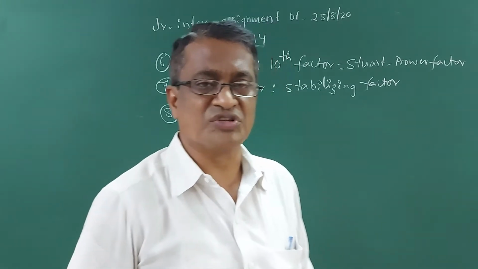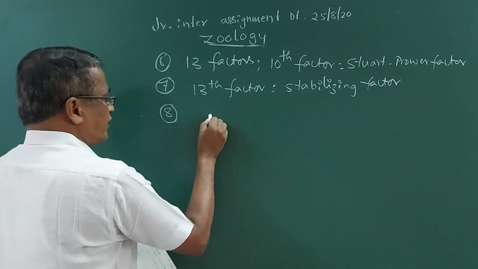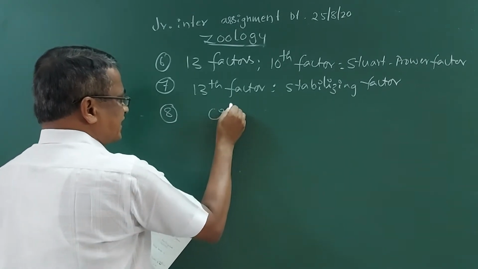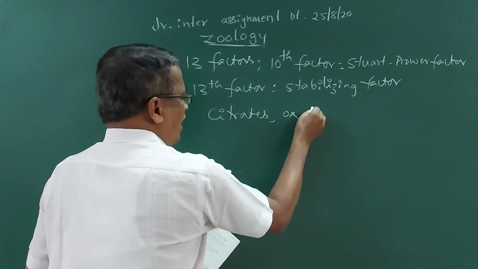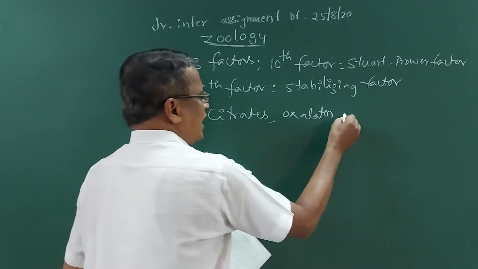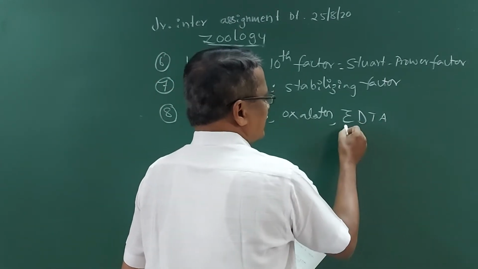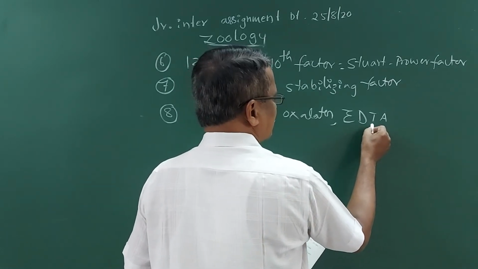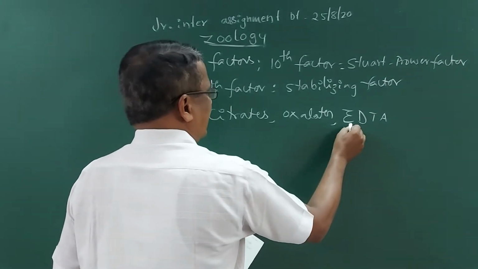The chemicals used to remove calcium are sodium citrate, oxalates, and a chemical called EDTA, ethylenediaminetetraacetic acid.